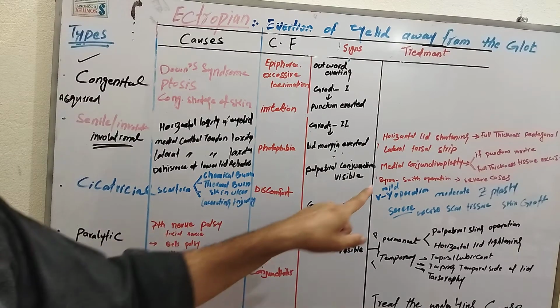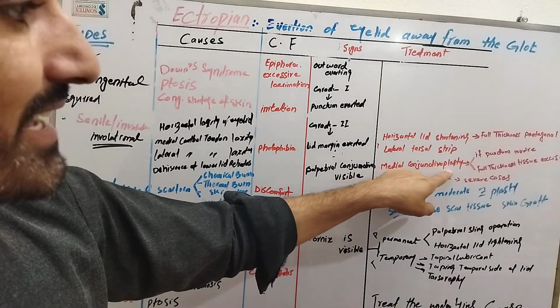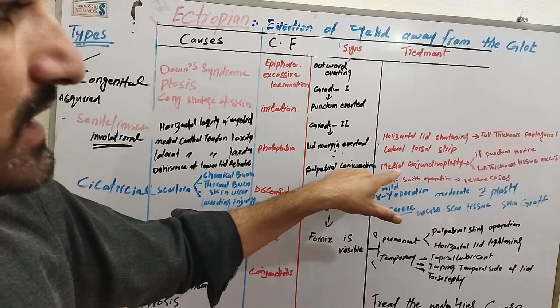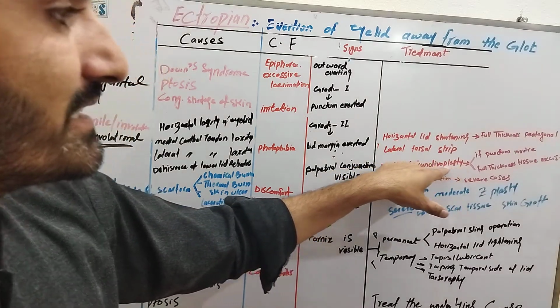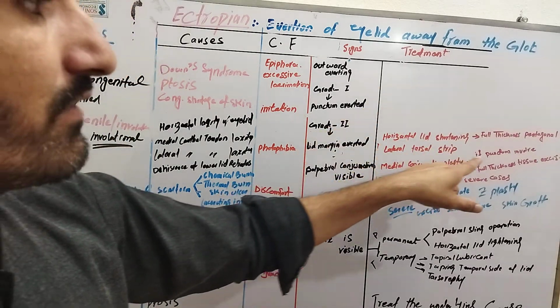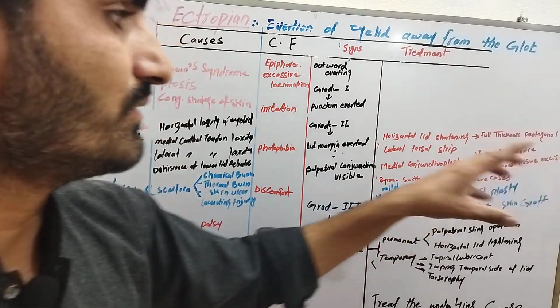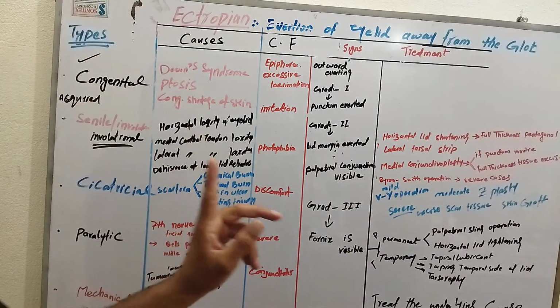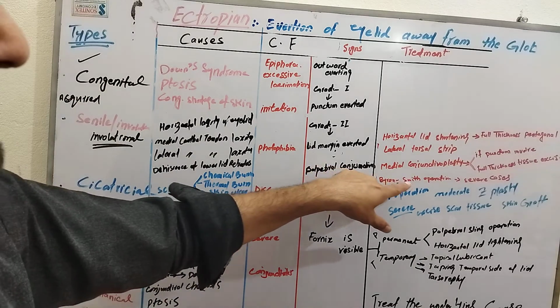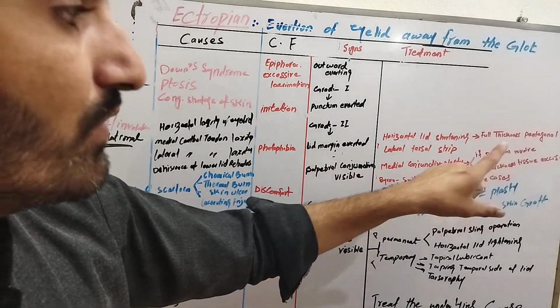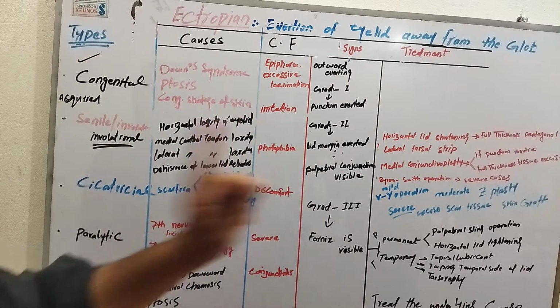Third one is medial conjunctivoplasty. Always remember, we will do medial conjunctivoplasty only if the punctum is involved, with full thickness tissue excised. Fourth one is Braun-Smith operation. We will do this operation only in severe cases.